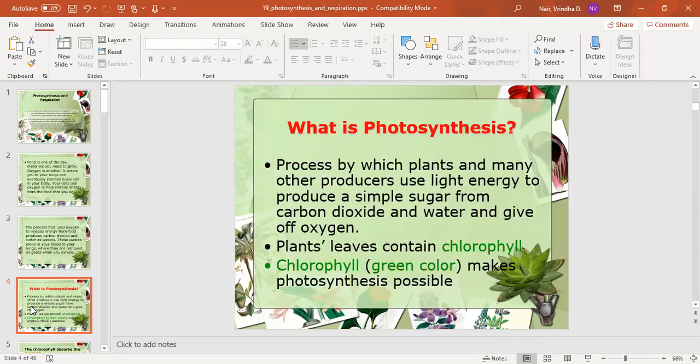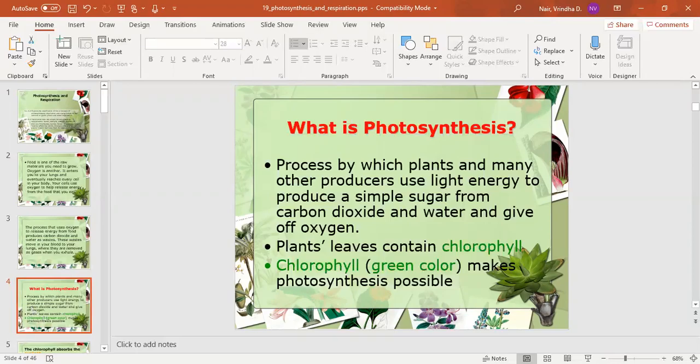That is the sugar they are producing, and it's called glucose. What is released as waste is always water and oxygen. Carbon dioxide is what the plants take in. So oxygen is a waste product, while carbon dioxide is an important source for plants to get their food prepared.